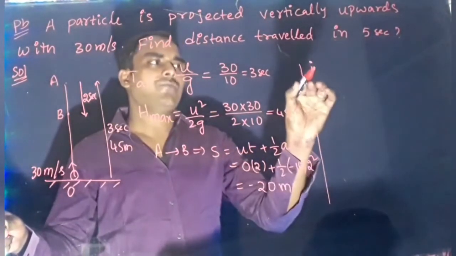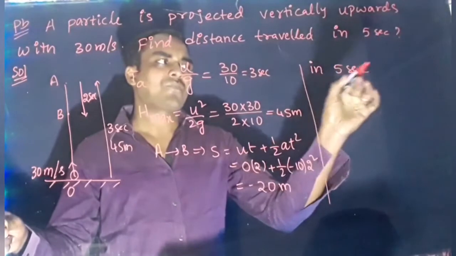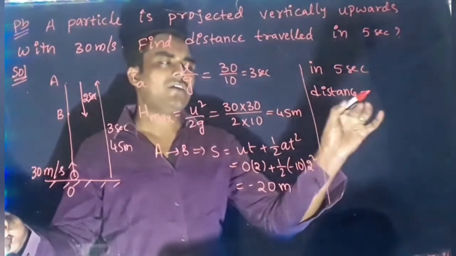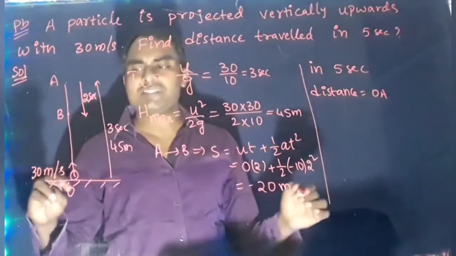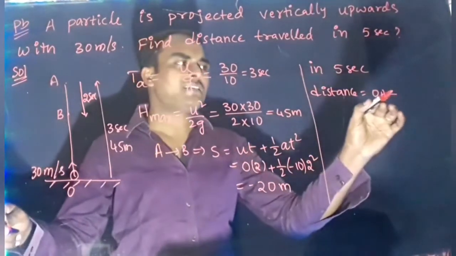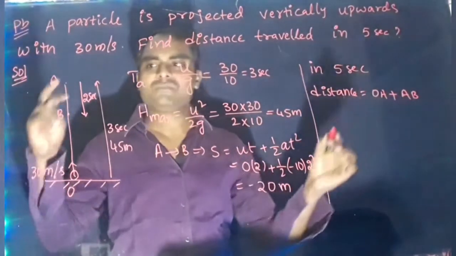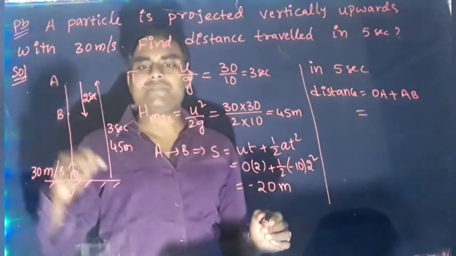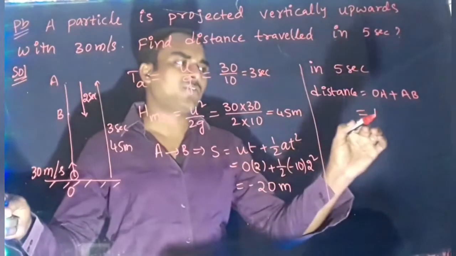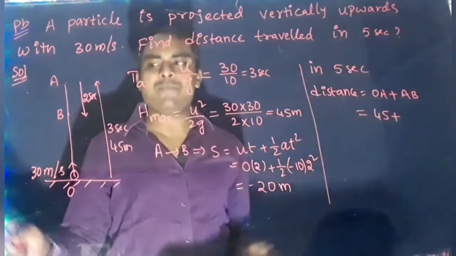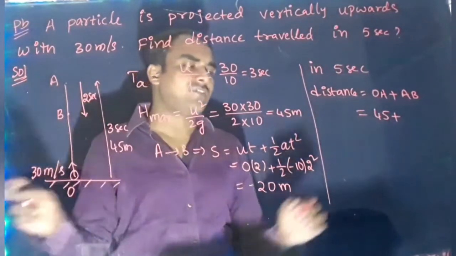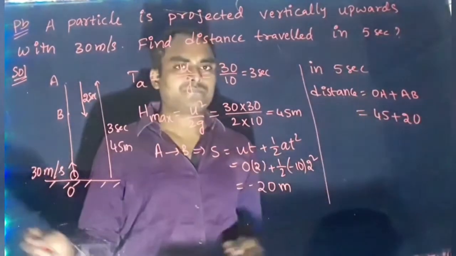Now in 5 seconds, distance traveled is equal to OA. First it is going O to A plus A to B, AB. So OA is nothing but maximum height. We got maximum height as 45 meter plus AB, while coming down, freely falling in 2 seconds, it will travel 20 meter.